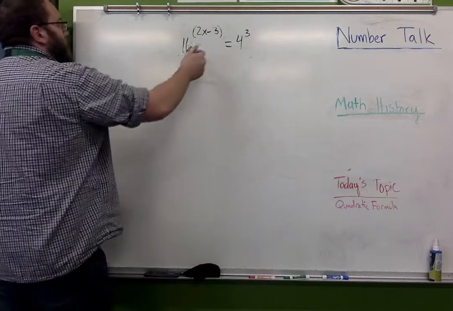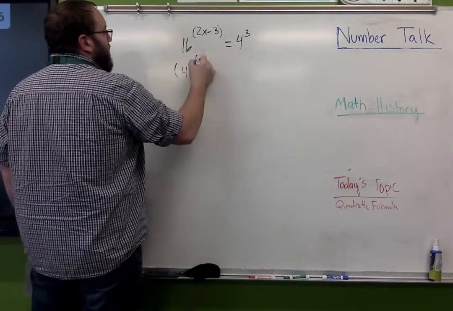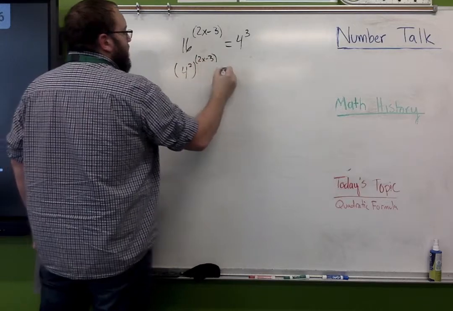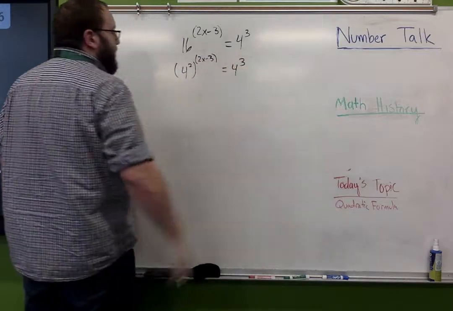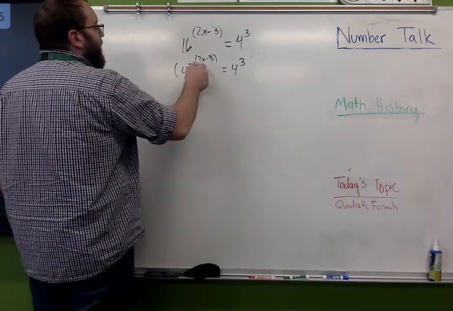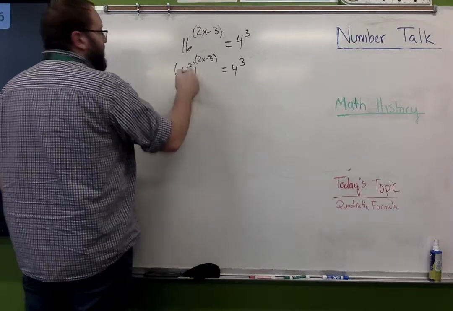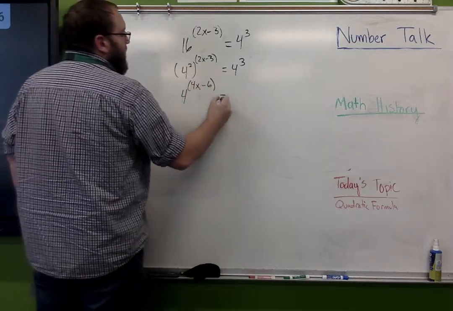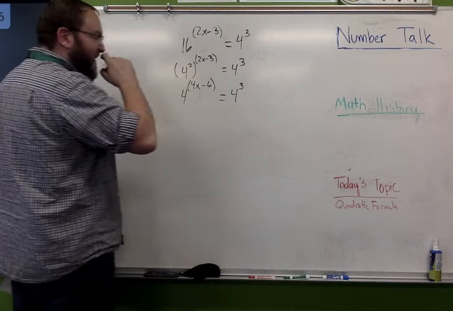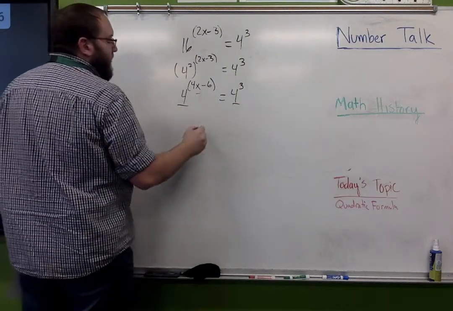Well, 16 is 4 squared, so I can write this like that, right? Power of a power, 2 times 2x is 4x, 2 times negative 3 is negative 6, equals 4 to the third.